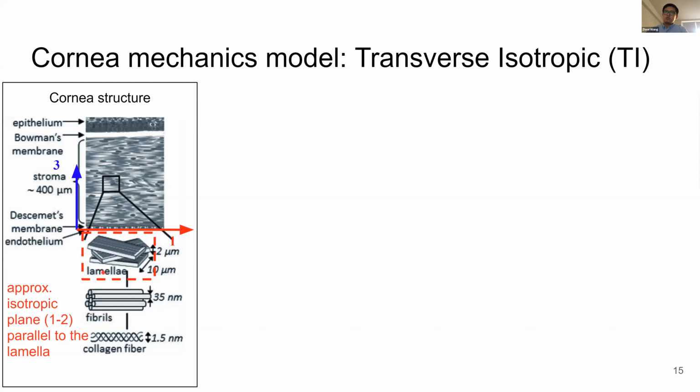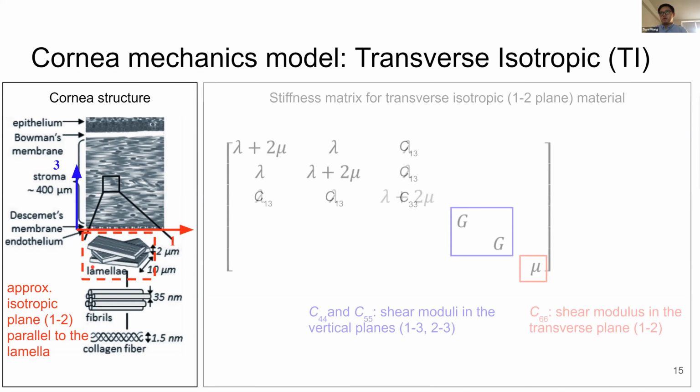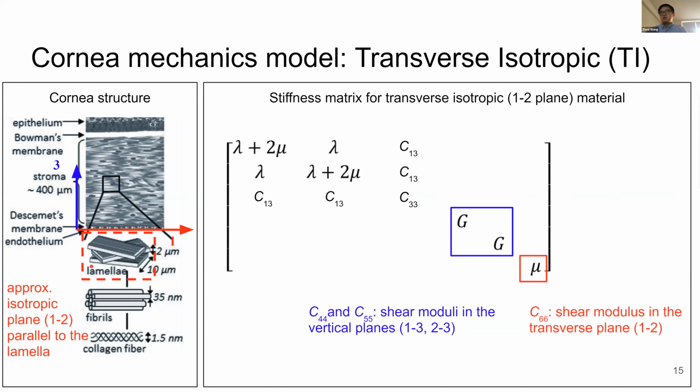With that, the stiffness matrix can be rewritten as this. If we treat the 1-2 plane as the isotropic plane, then we will have a different stiffness matrix compared to the isotropic matrix.